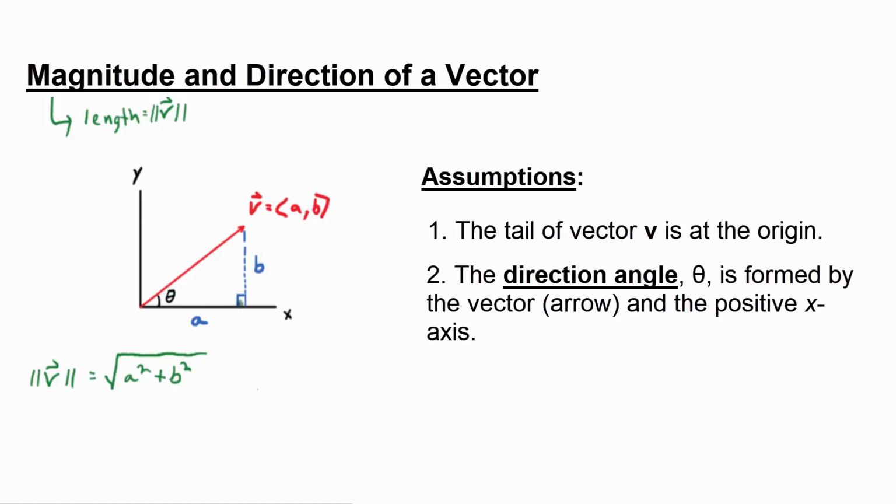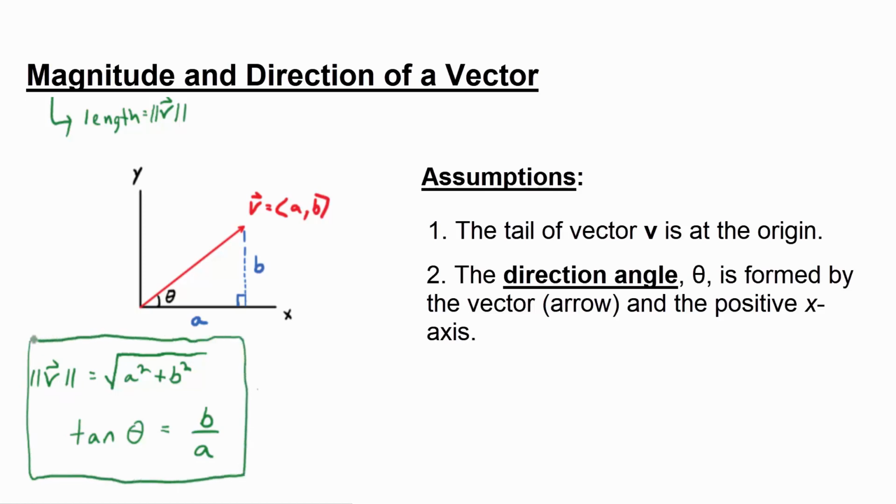So what function relates the opposite and the adjacent? Tangent of theta is equal to b over a. There's another idea that's repeating. That's the TOA part of SOHCAHTOA. So these are the two formulas you use to help you find the magnitude and direction angle of a vector.